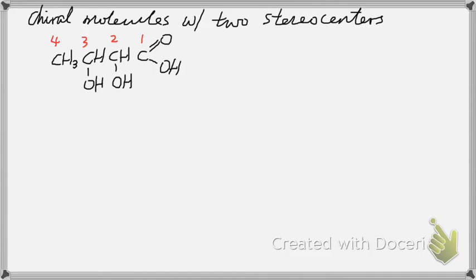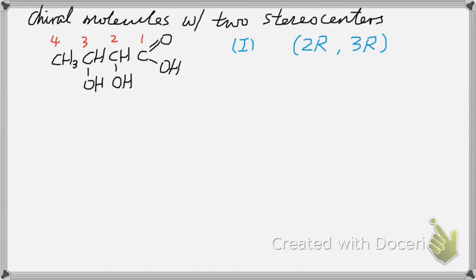So let's do some stuff just on theory. Imagine we have two chiral centers. Suppose the first molecule has the R and R configuration at both chiral centers.